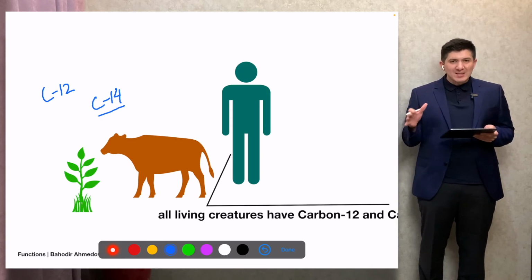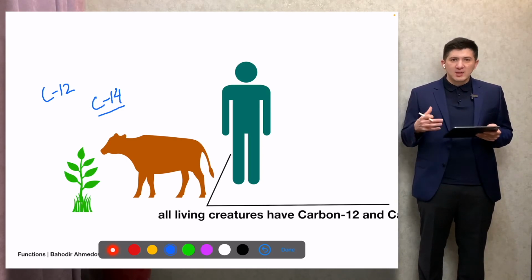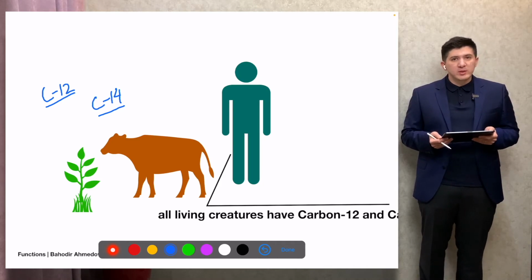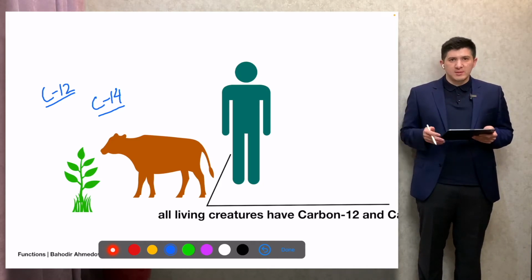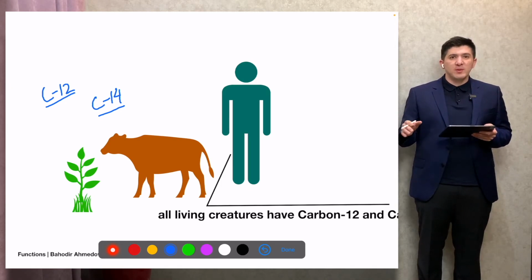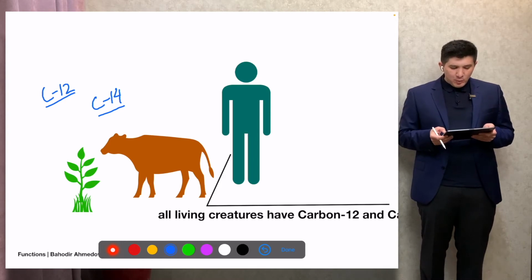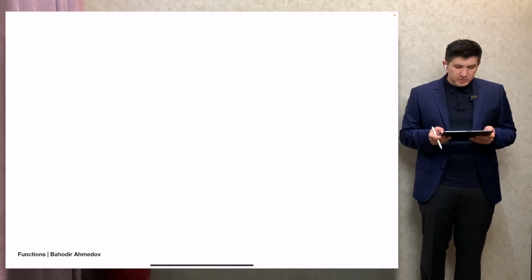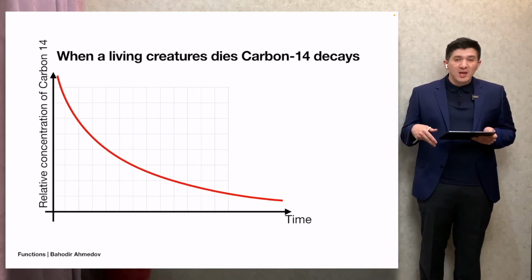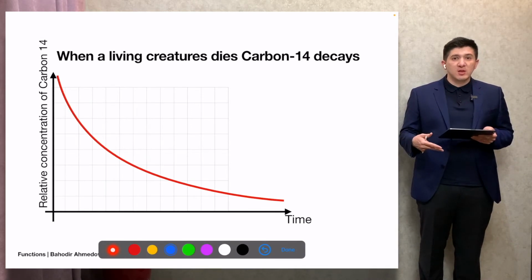But as long as we are alive, the concentration of carbon-12 versus carbon-14 is always going to be the same for all of us on the Earth, for all of the animals, for all of the humans, and so on. But as some animal dies, it stops consuming carbon-14, and the concentration of carbon-14 is going to decay.